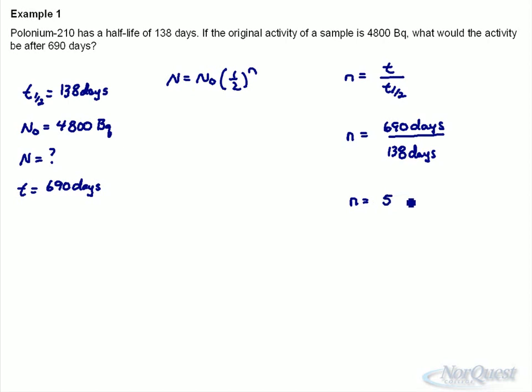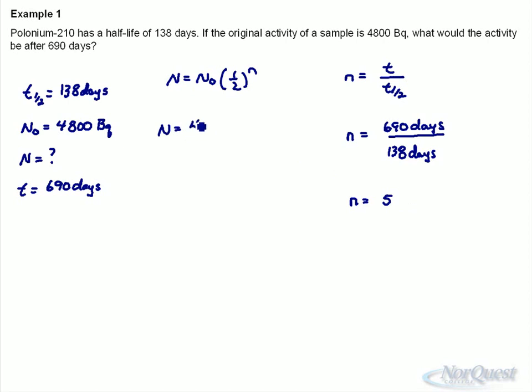So you could actually estimate this. You could just take your 4,800 and multiply it by 0.5, by 0.5, 0.5, 0.5, 0.5, basically 5 times to get this number, or plug it into the formula.